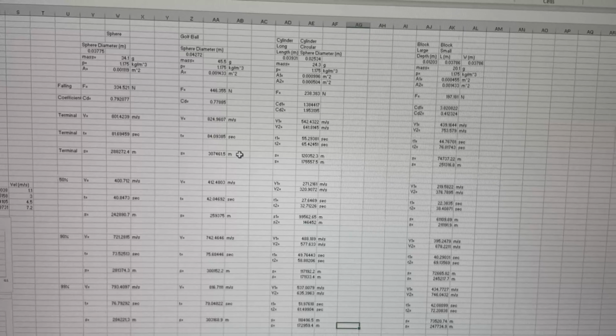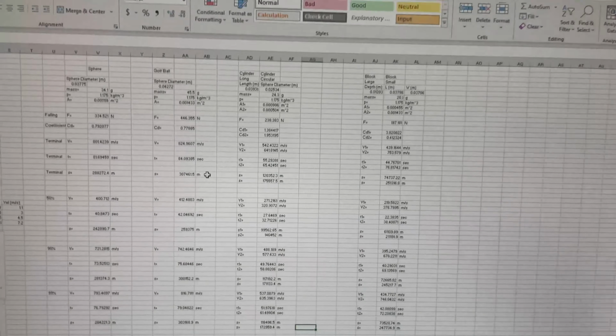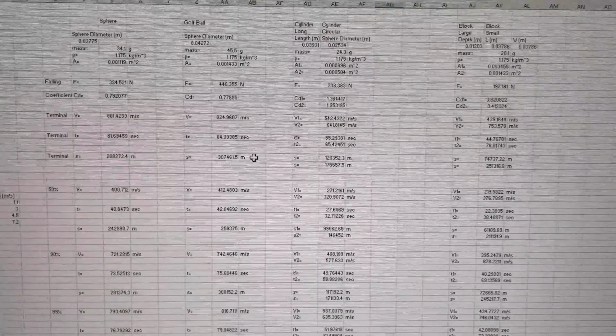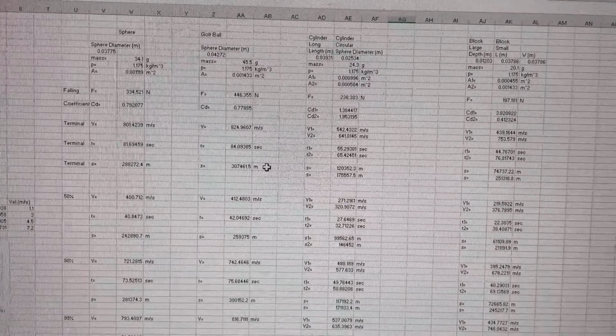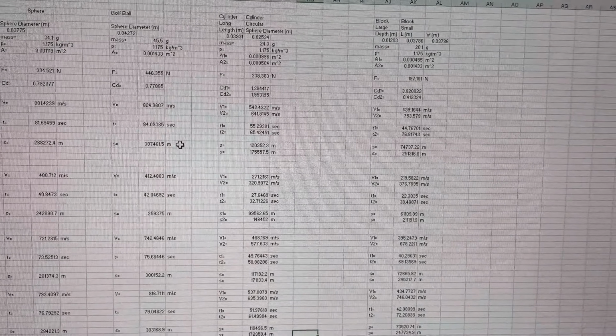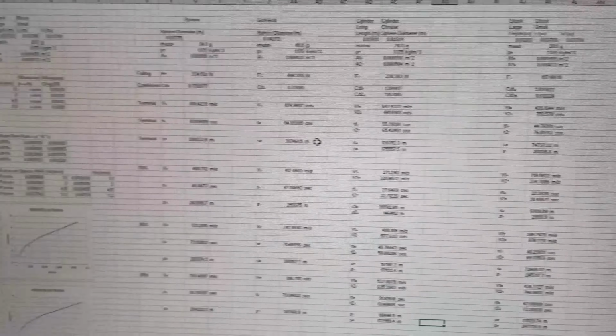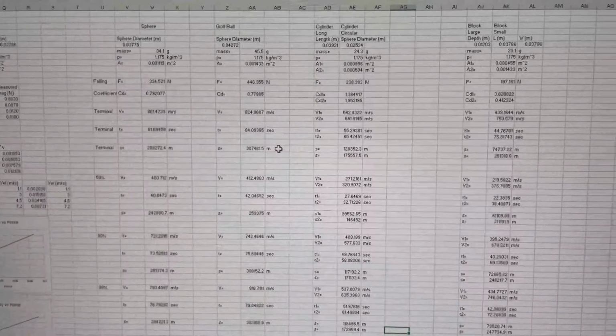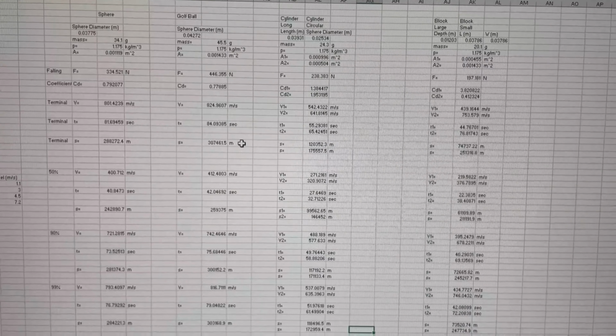Maybe I just messed up somewhere in some earlier calculation. It'd be interesting to know what the right calculation was. And these are all coefficients of friction based off of assumptions, so that might be a factor.